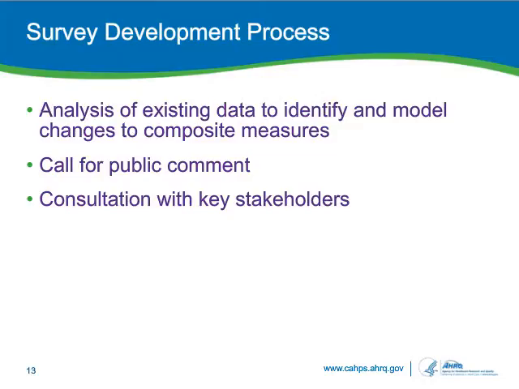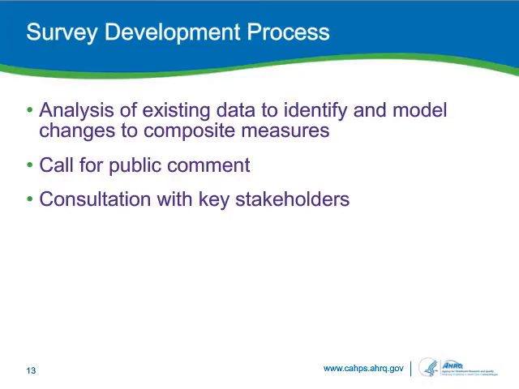We put our proposed changes out for public comment, and I want to thank those of you who took time to review and provide us your input. It was valuable to us as part of the process. We also engaged in a dialogue with key stakeholders, and there are many stakeholders within the CAHPS community, but in this interaction we also talked closely and carefully with CMS and NCQA.